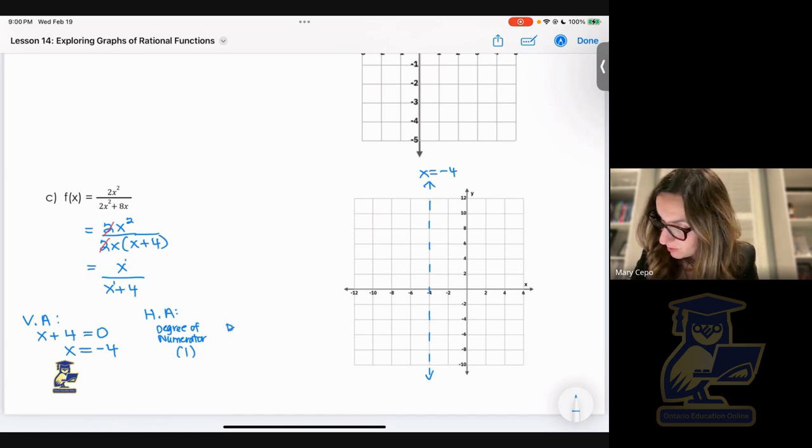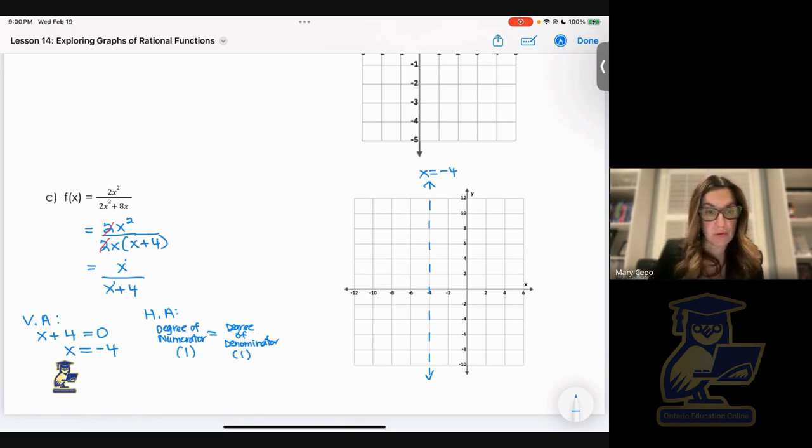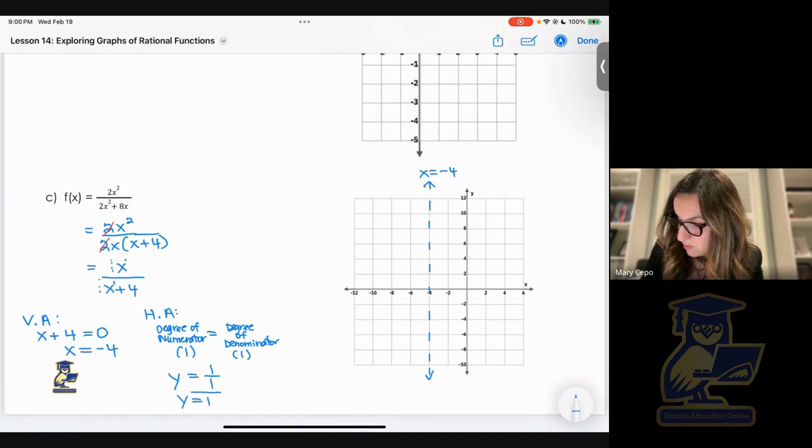And we look at the degree of denominator, and that is also equal to 1. So that means they're equal, that was case number 3. So if the degree of the numerator is equal to the degree of the denominator, the horizontal asymptote exists at the leading coefficient in the numerator over the leading coefficient in the denominator, which is 1 over 1.